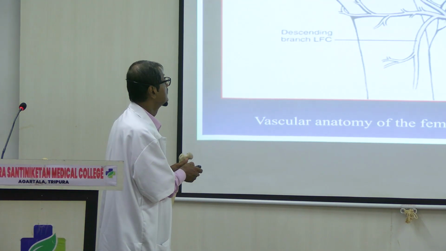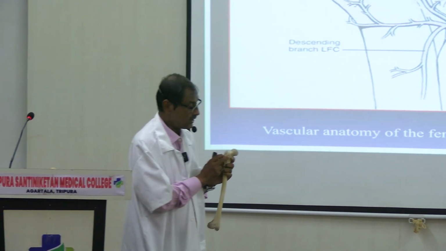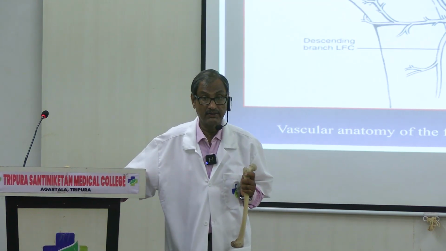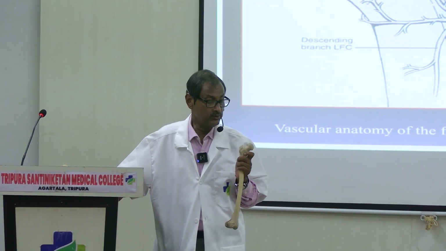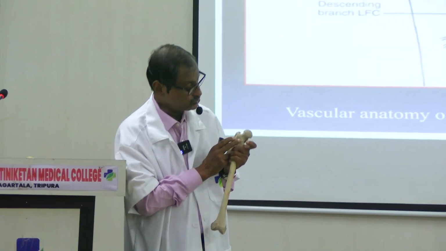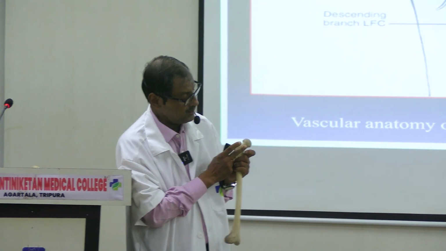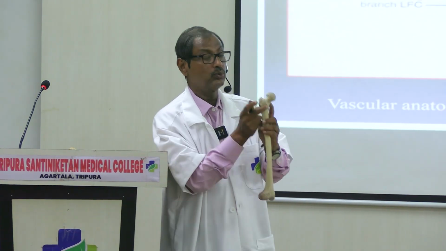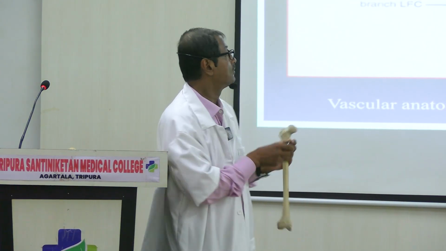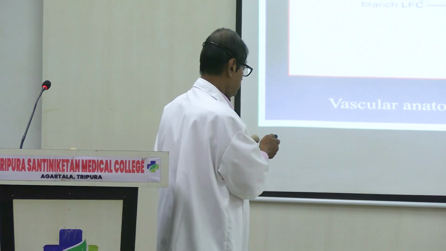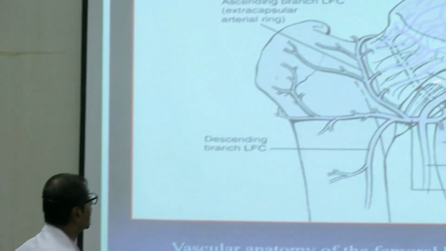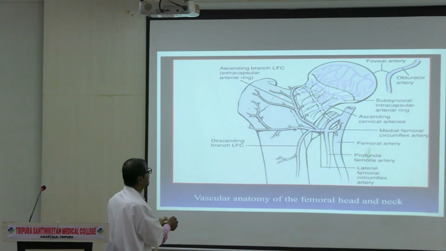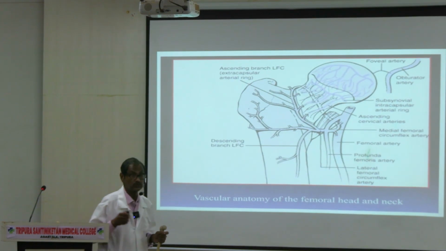From it, four sets of vessels go. These are called retinacular vessels, which are very important. One set goes anteriorly, another posteriorly, another inferiorly, another superiorly.